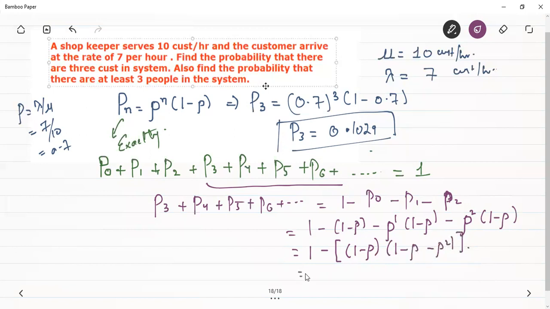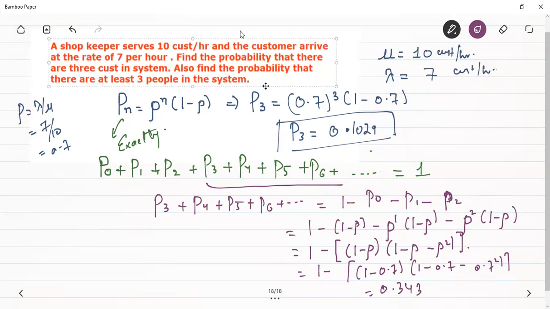Okay, so this is 1 minus rho, here rho is 0.7. So this is 1 minus 0.7 minus 0.7 square. So ये probability, अगर हम इसका evaluation करें, still you try to evaluate from your side, this comes out to be 0.343. Okay, I expect you to calculate this yourself again just to check the calculations.